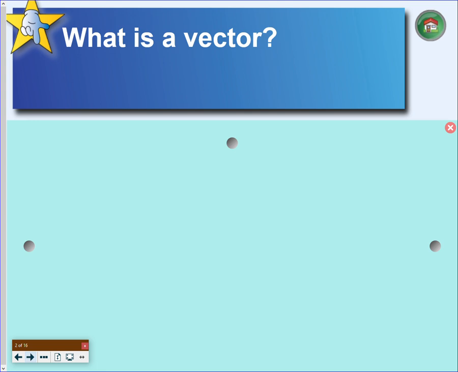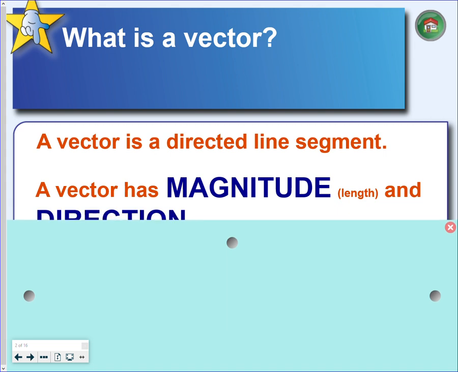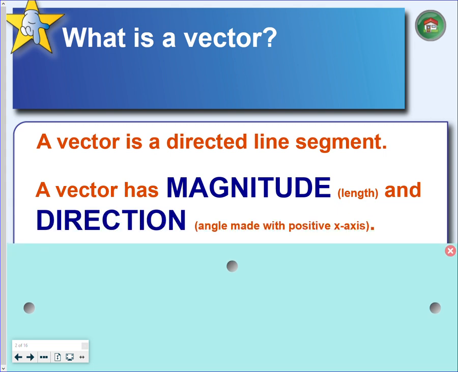So, slightly better definition of what a vector is right here. You can also refer to a vector as a directed line segment. Okay, if a line goes on infinitely in both directions, a line segment is just part of that line.